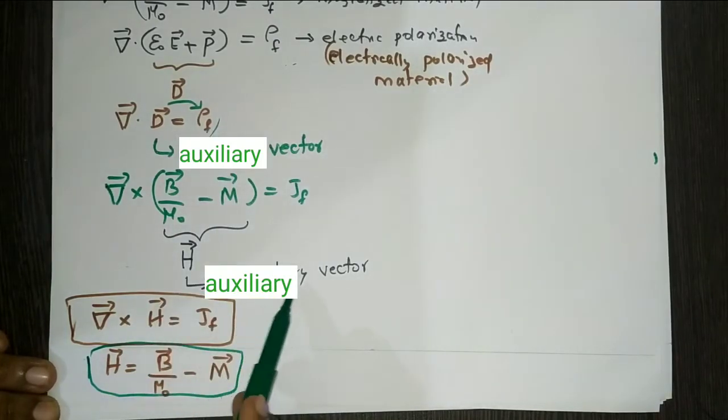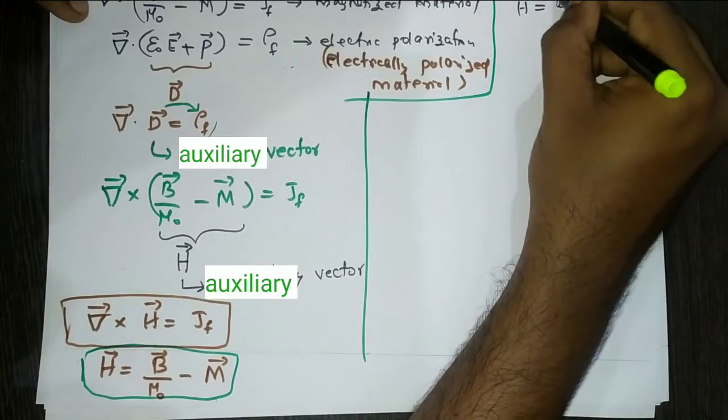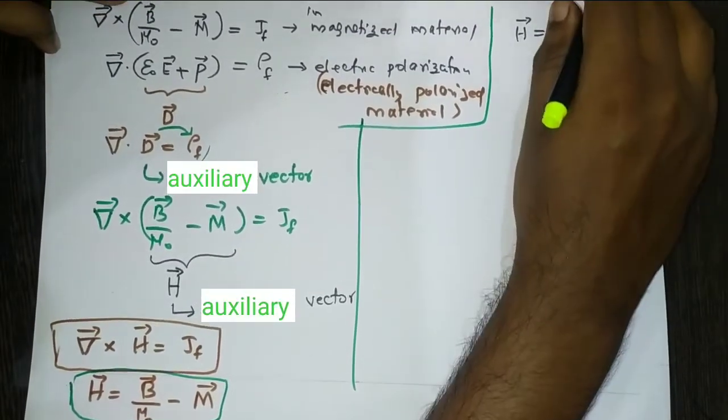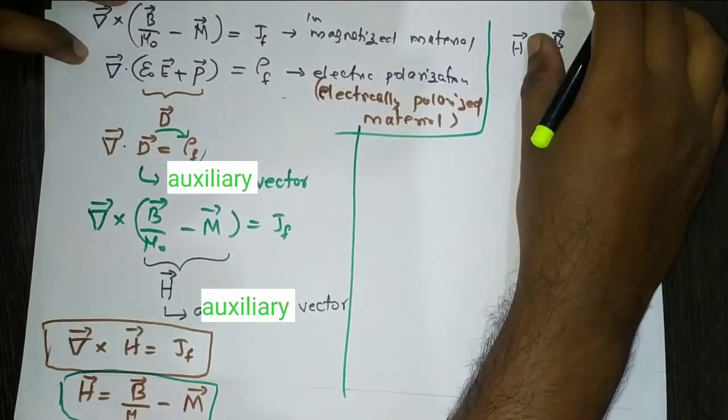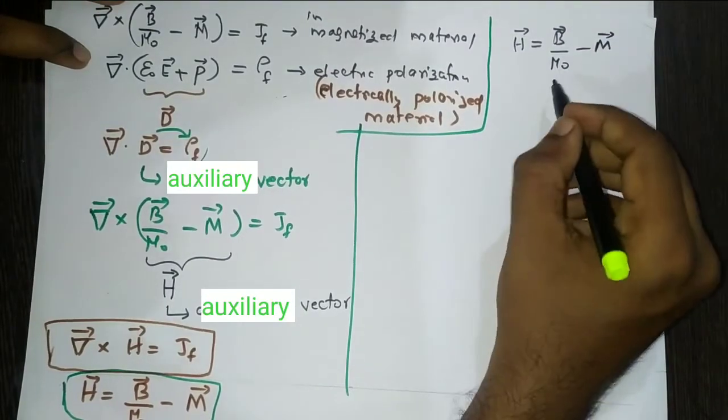Here the auxiliary field H purely depends upon the free current.